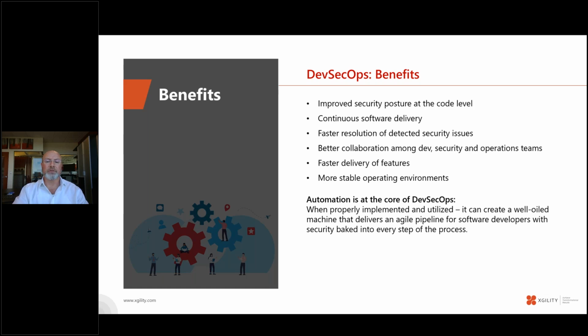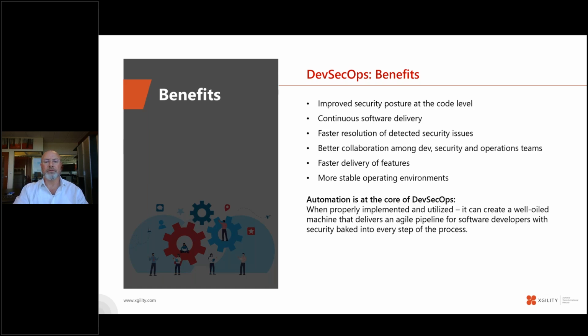This continuous software delivery model helps to deliver features much more quickly than a standard application development model would, and ultimately results in a more stable operating environment for the applications and for the development process due to the process rigor that's wrapped around it.